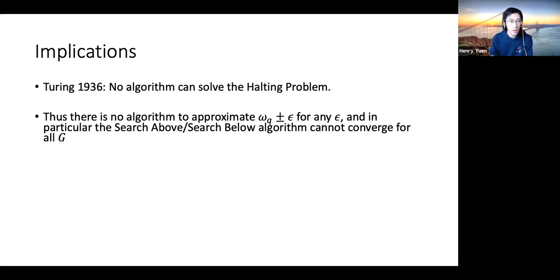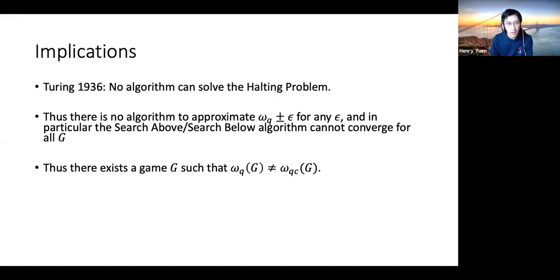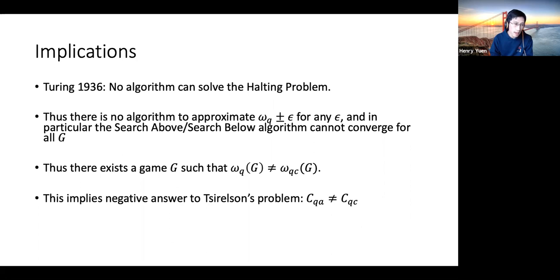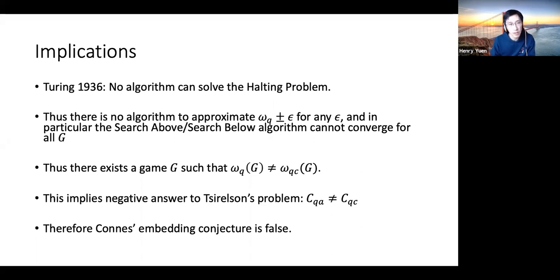So in particular, this search above and search below algorithm that I described a few slides ago cannot converge for all possible non-local games G. So therefore, there must exist a game G for which the tensor product value and its commuting operator value must differ. And that means that Tsirelson's problem has a negative answer, and therefore the Connes embedding conjecture is false. So that's the sequence of implications.